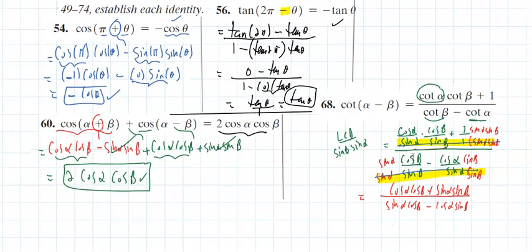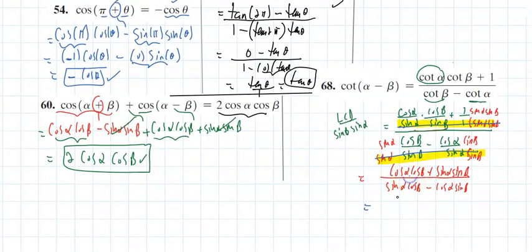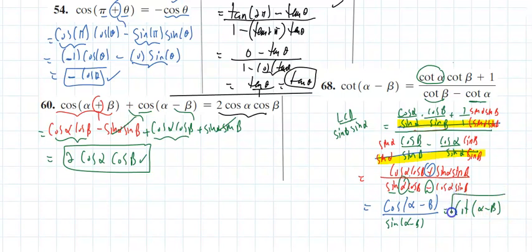And hey, isn't that top cosine cosine, isn't that the cosine of alpha minus beta? And isn't that denominator sine cosine the sine of alpha minus beta? And what's cosine over sine? Isn't that the cotangent as long as the angle is the same? And isn't that what I want?